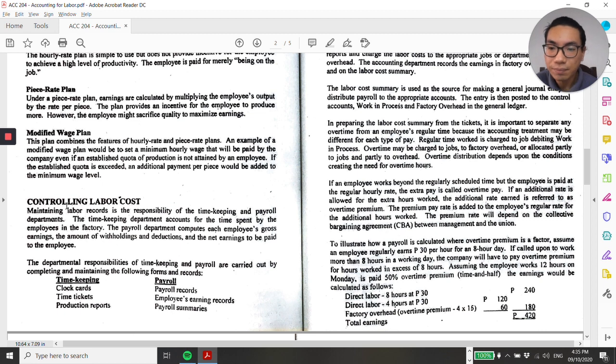Our next topic for this discussion is controlling labor costs.